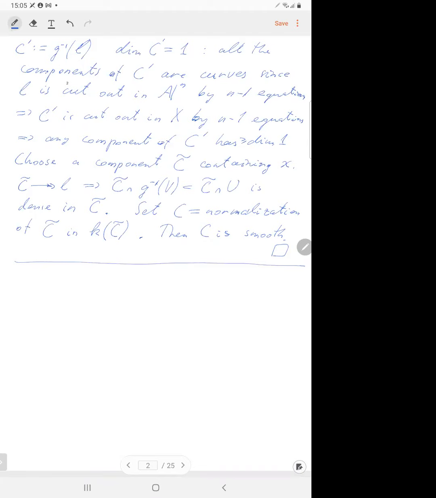Okay, and so now back to separability questions. I will formulate a very important criterion to decide if a variety is separable or not.